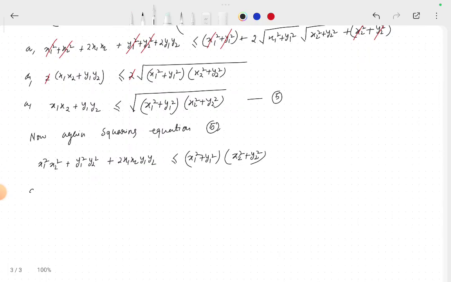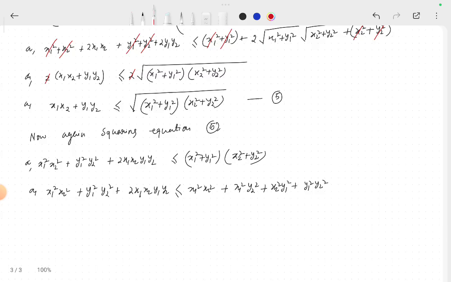That equals x1 square x2 square plus x1 square y2 square plus x2 square y1 square plus y1 square y2 square.